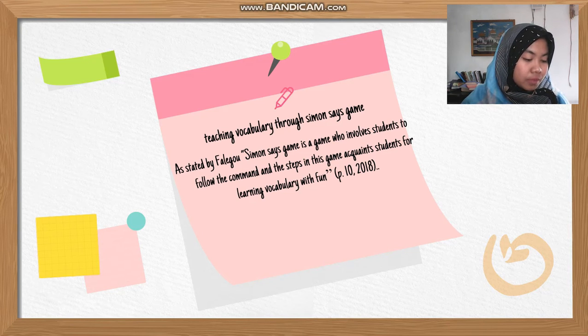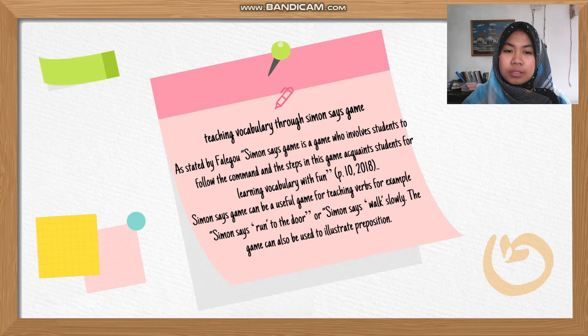And then here's the example of using Simon Says game for teaching verbs in the class. For example, when the teacher says, "Simon says, run to the door," the student must follow the command. Or "Simon says, walk slowly."